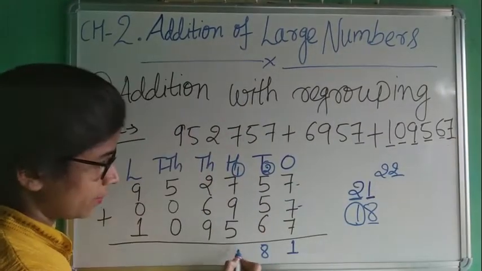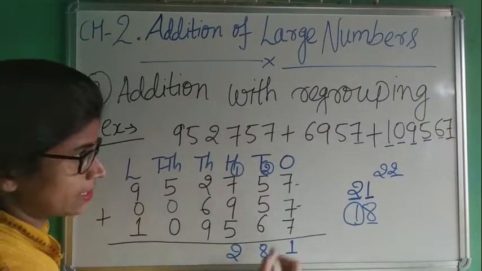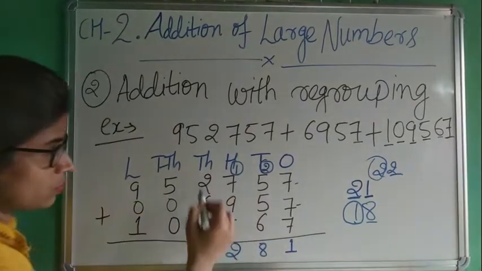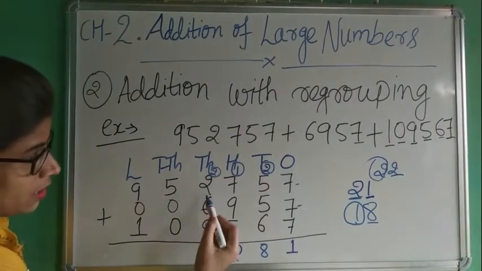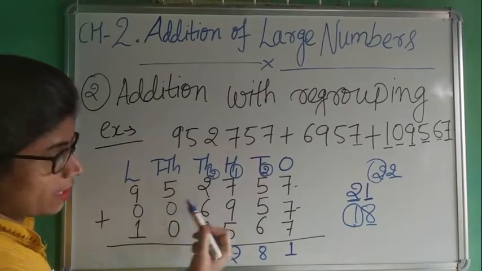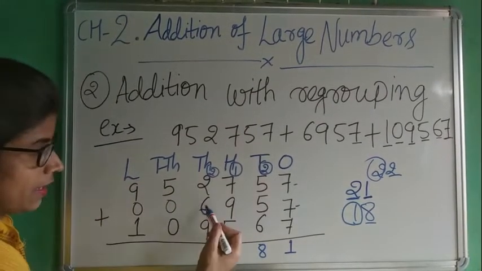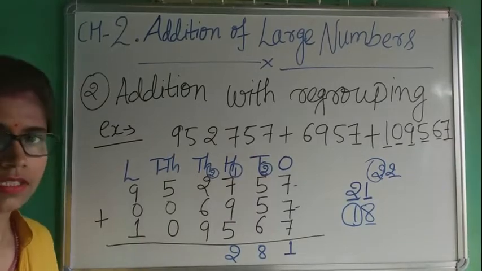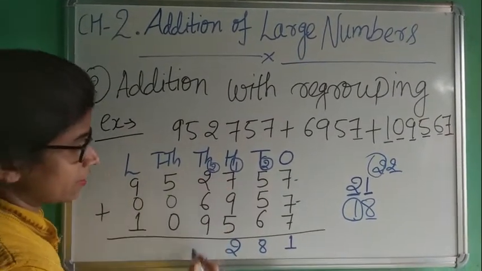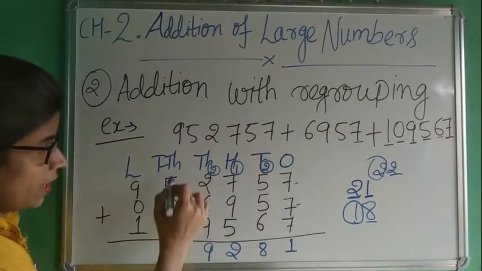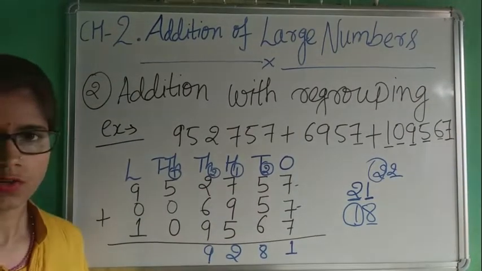This 2 will be under the hundreds place and the left side 2 will be carried. Okay students. Now add again, 2 plus 6, 8, and 8 plus 9, 17, and 17 plus 2, 19. 19, 9 will be here and 1 will be carried over.